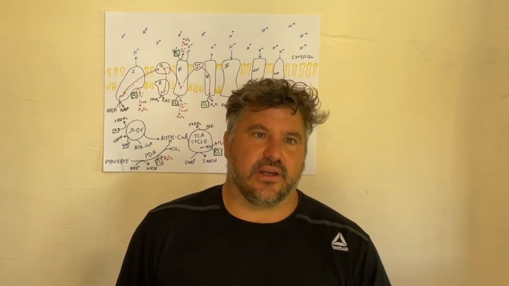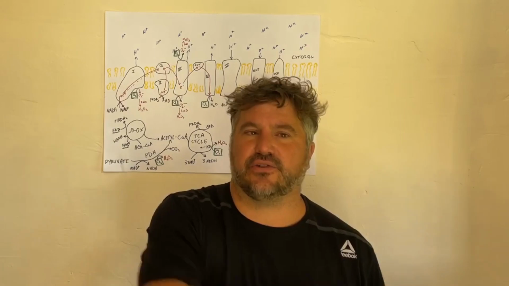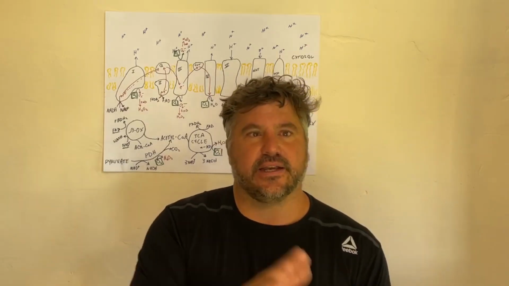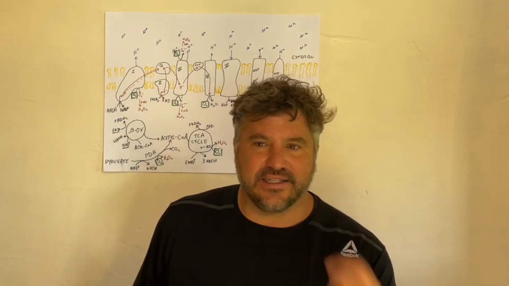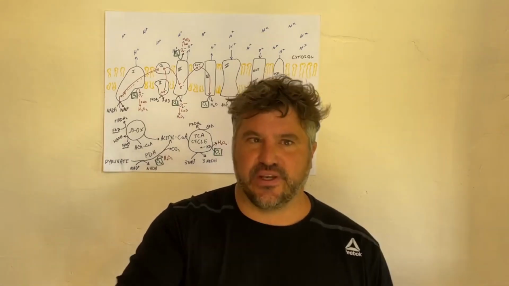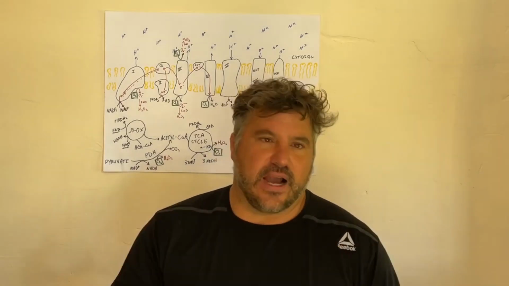The other thing that those electrons from NADH can do, which are ultimately electrons from your food, is it can drive our antioxidant defense system. Antioxidants are electron donors. NADH can give those electrons to the antioxidants so that they can donate them to free radicals to eliminate them.